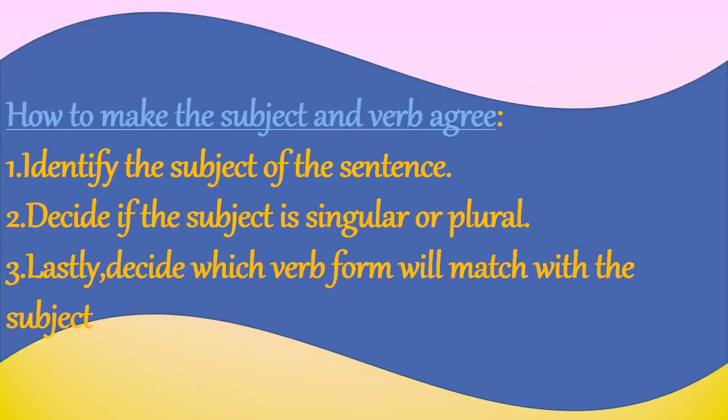How to make the subject and verb agree? Here are some points that we should always keep in mind. First, identify the subject of the sentence. First of all, we must identify where the subject is in the sentence.